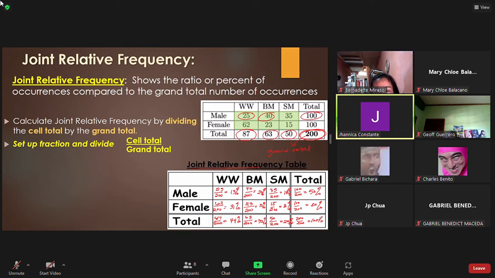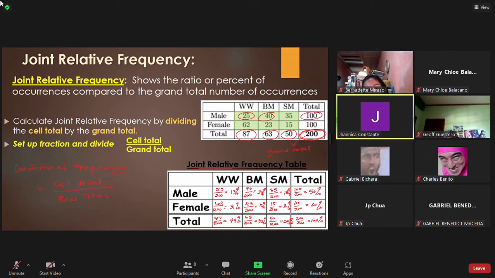You're dividing the cell total by the grand total, while for conditional frequency, it's the cell total divided by the row total.